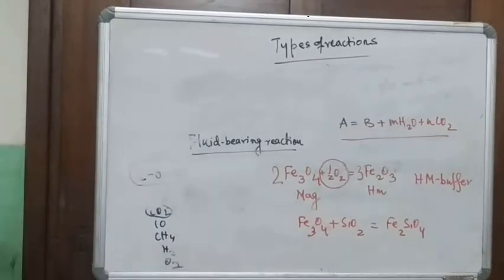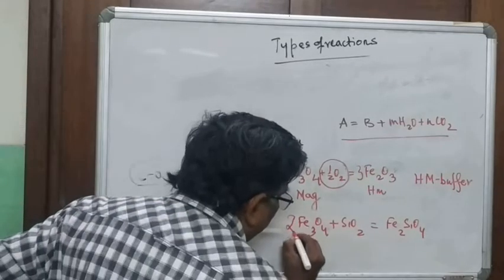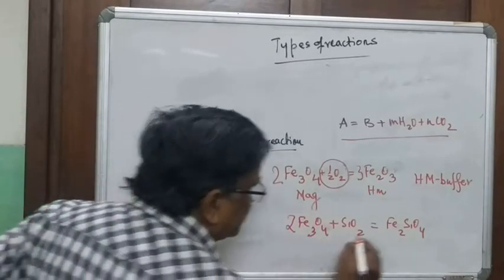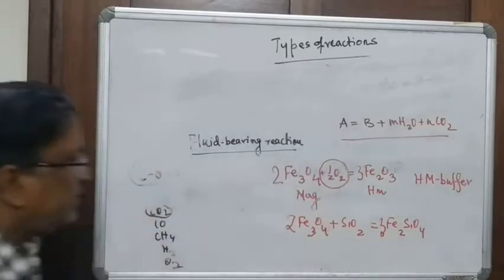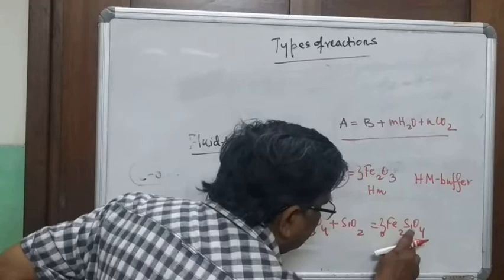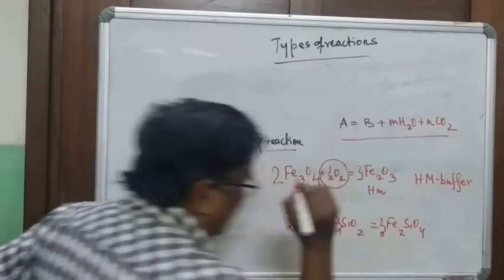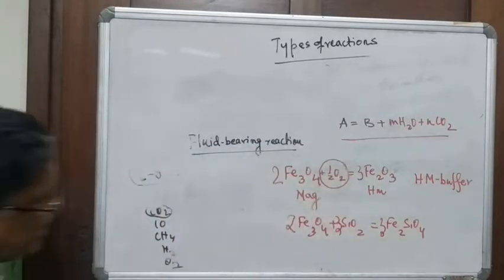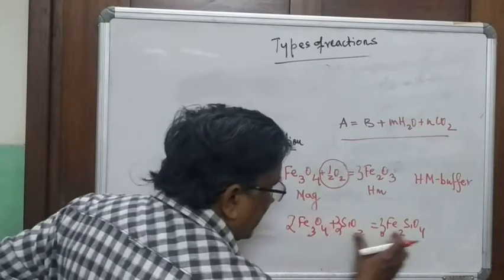So what is it? You multiply this iron by 3, 3 into 2, 6, and this one by 3. So iron is balanced. And you can see you have 3 silicon, so it should be 3 SiO2. Right? So it's 2 magnetite plus quartz gives you fayalite.